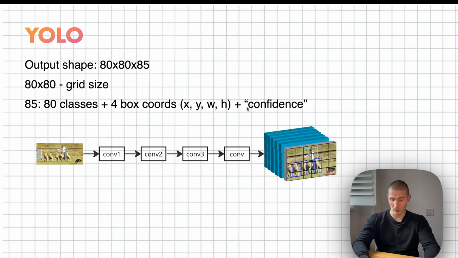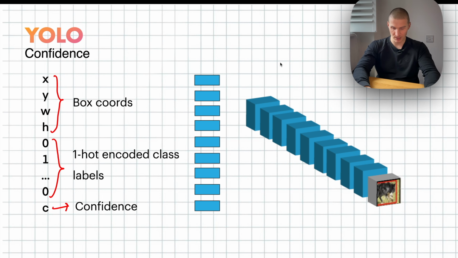And then we also need something called confidence to be able to represent that there is no object in that grid cell. So this is how it looked for one grid cell. So we have 4 box coordinates, then we have a variable number of one-hot encoded class labels depending on the dataset. So for COCO, that will always be 80, and then 1 extra number for confidence.